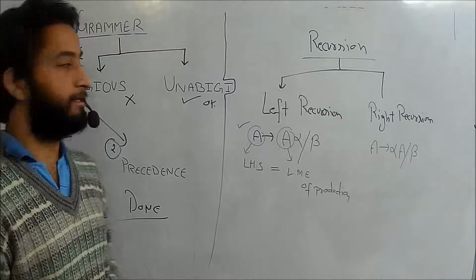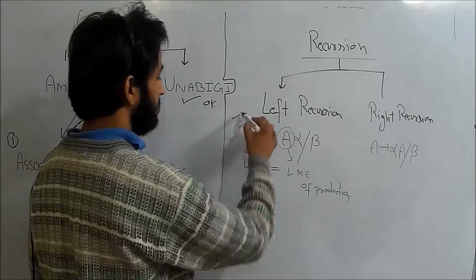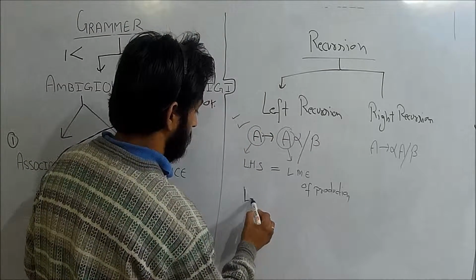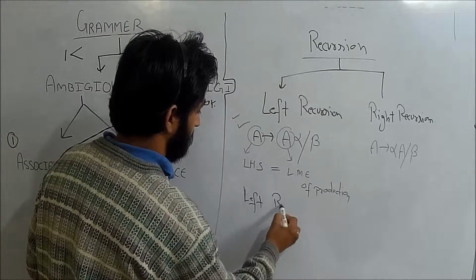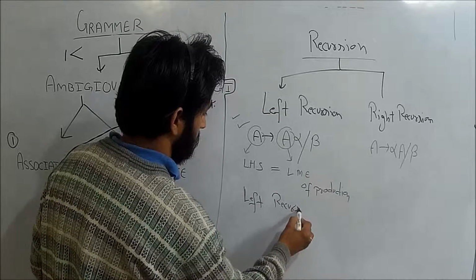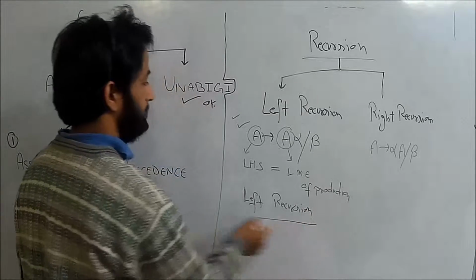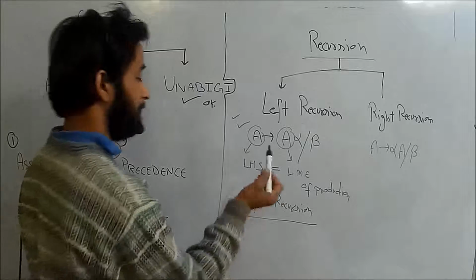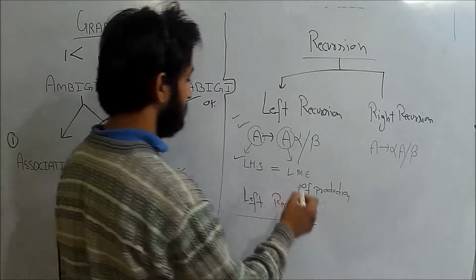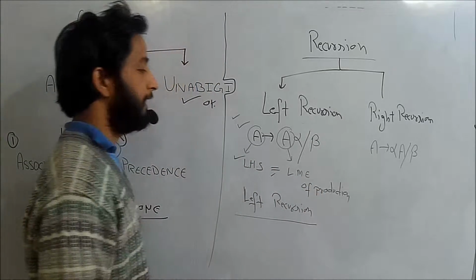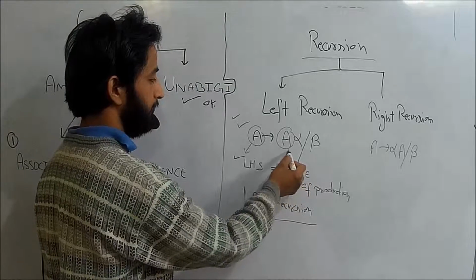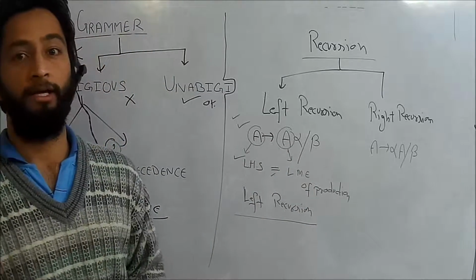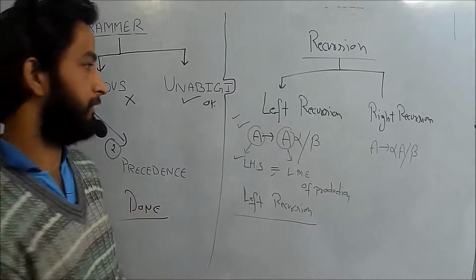If this is the case, then the given grammar has left recursion. If I repeat it, if the left hand side is equal to the leftmost element of the production, then we can say that the given grammar has left recursion.